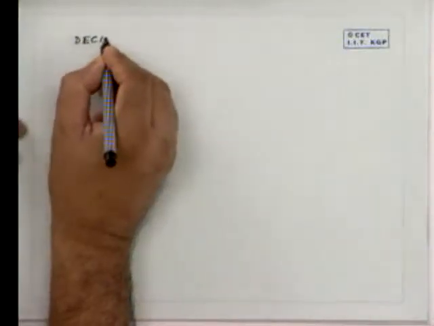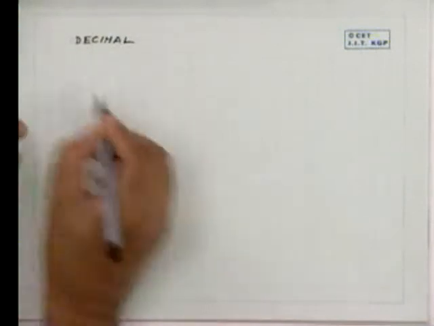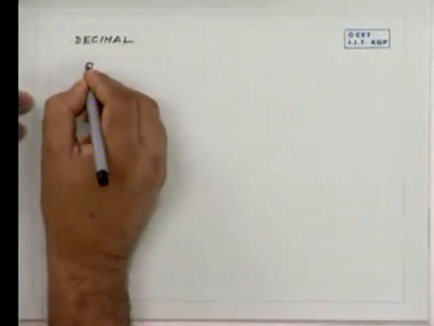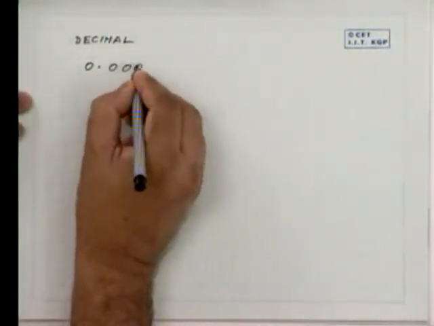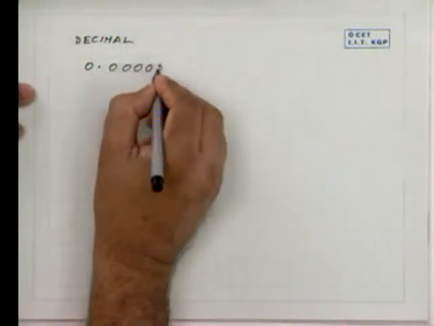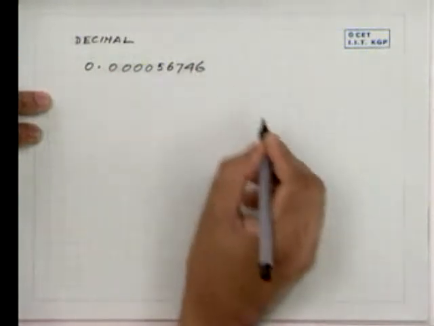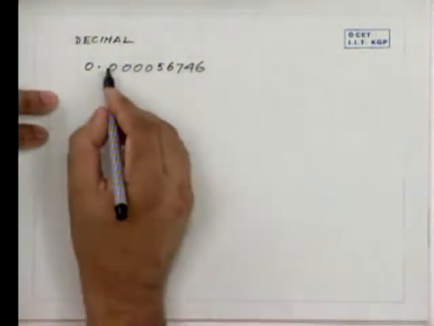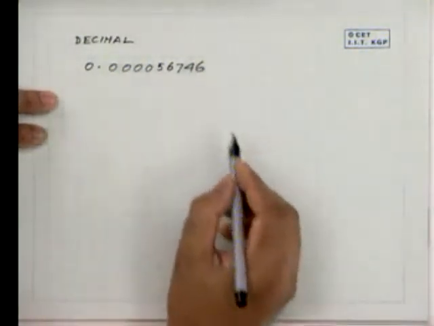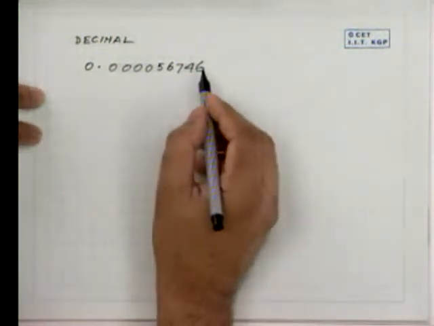Suppose we have a decimal number, 0.000567446. Now, to write it this way is a little bit awkward.